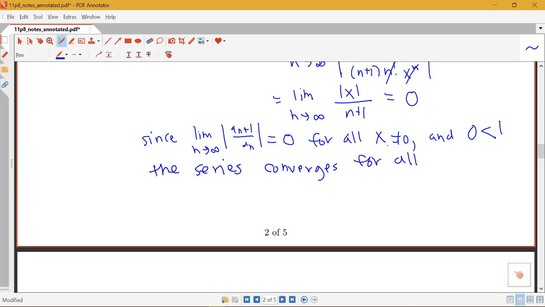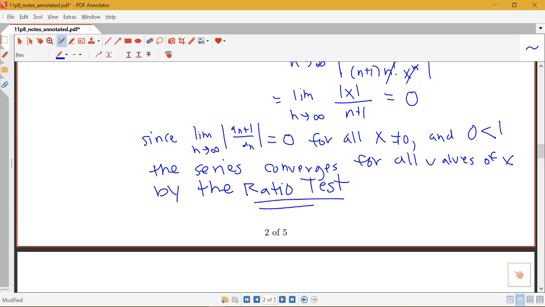Okay, so we showed that for all x not 0, the series converges by the ratio test, and we also know that it must converge at 0 because it's the center. So we can overall conclude that the series converges for all values of x by the ratio test.